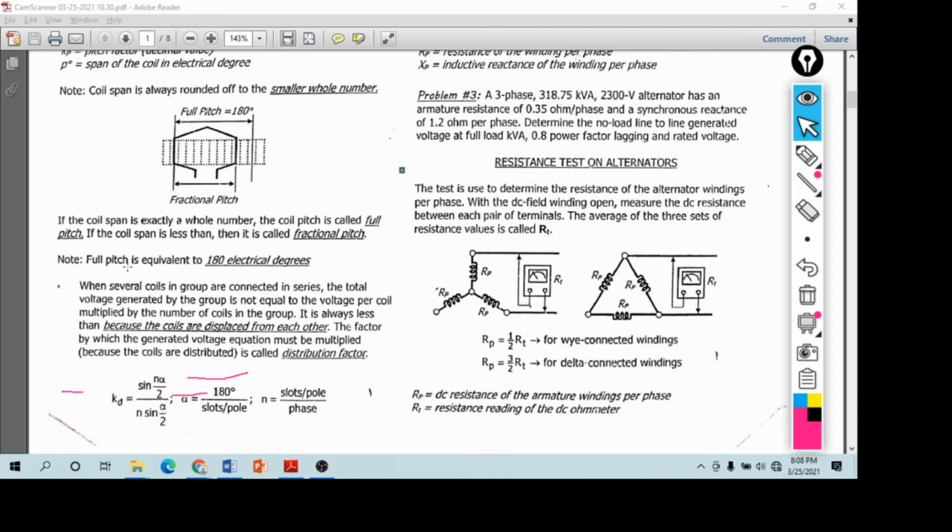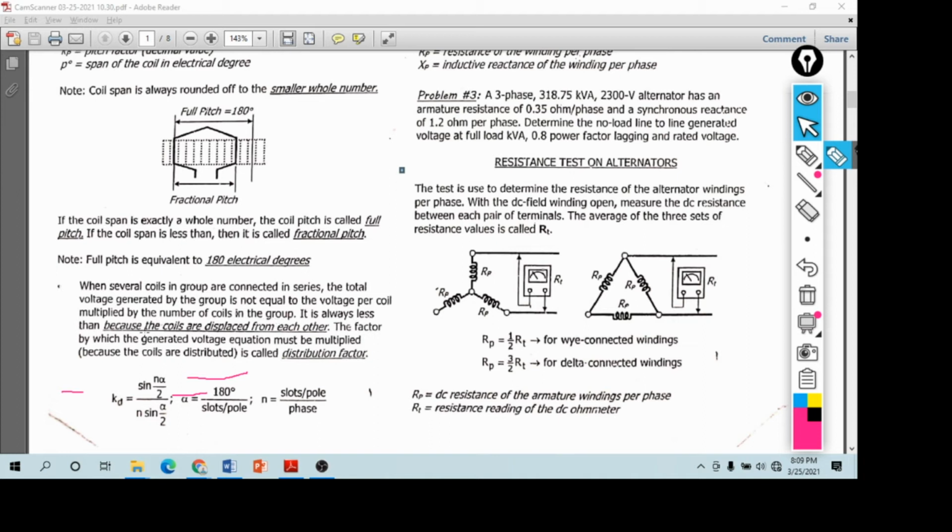when full pitch is equivalent to 180 degrees. When several coils in a group are connected in series, the total voltage generated by the group is not equal to the voltage per coil multiplied by the number of coils in the group.